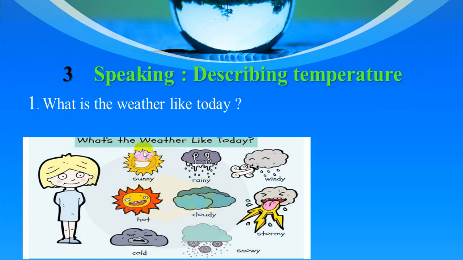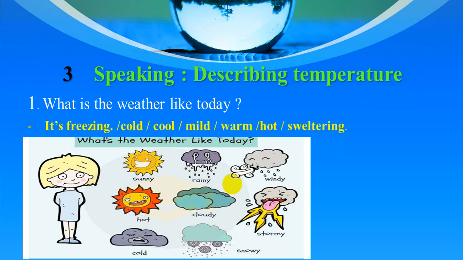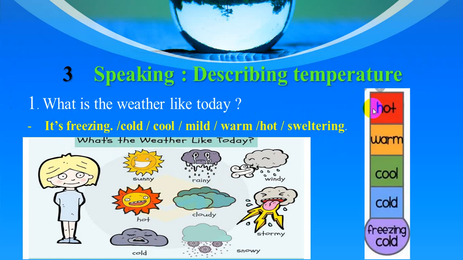Let's see, we have sunny, rainy, windy, stormy, cloudy, snowy, cold and hot. So what's the weather like today? Look out of the window. And we have different degrees of temperature. This is a thermometer. Here it's 0 cold and here hot. Freezing cold.